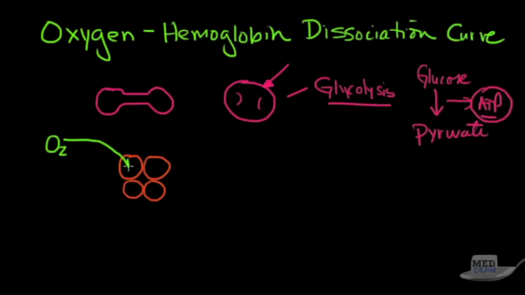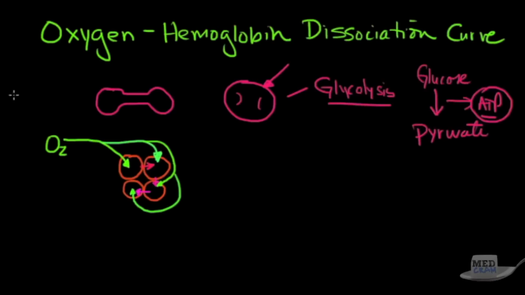If it binds to the first spot, it causes a conformational shift with the next one that causes oxygen to bind more affinitively. And that causes a conformational shift with the next one, which causes the oxygen to bind even more affinitively. And finally, that causes a conformational shift that causes the last one to bind with even more affinity.